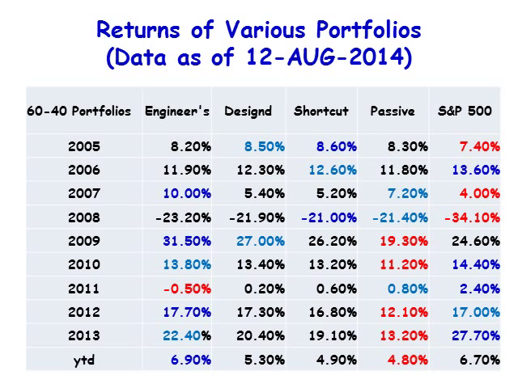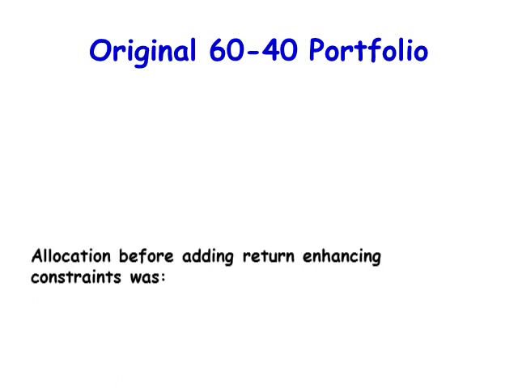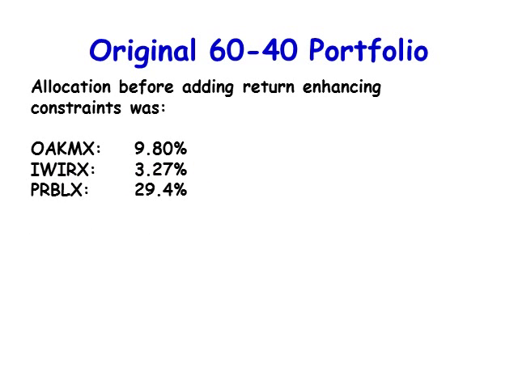Let's continue. And I know the engineer's portfolio had the better results, returns. So before I added some constraints for enhancing the return, my portfolio was Oakmark 9.8% and IWIRX 3.27%, PRBLX 9.4%, and NICSX 5.89%.